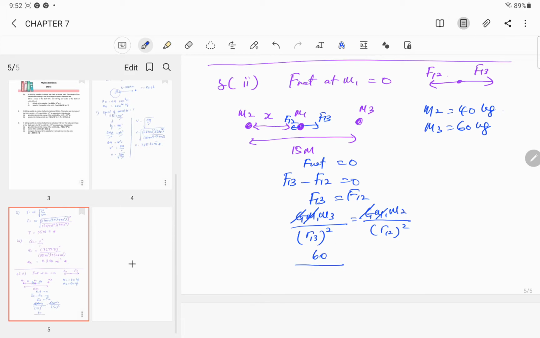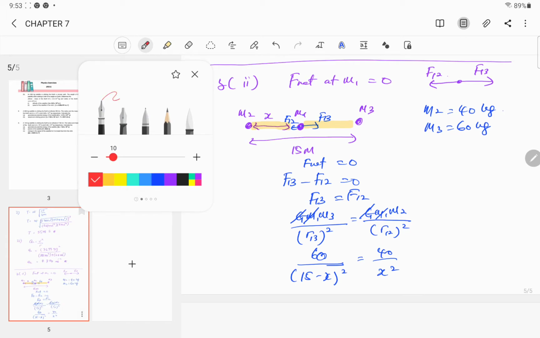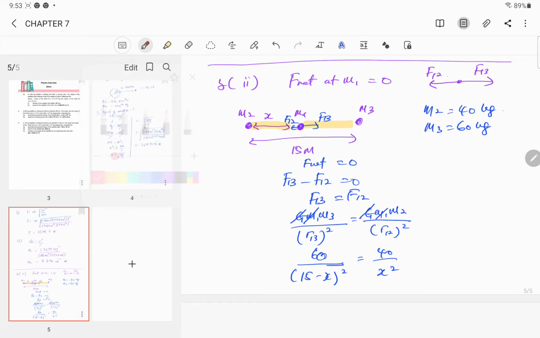R13, 1 and 3, so 60 over R13, which is 15 minus x squared, equals 40 over x squared. So jarak kat sini, jarak kat sini x. So R13 ni mestilah 15 tolak x, sebab kat sini 15.